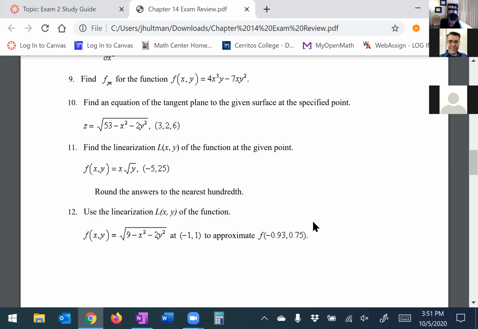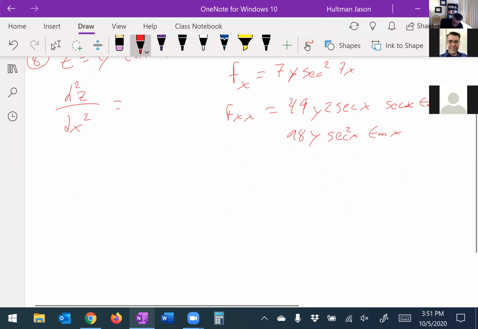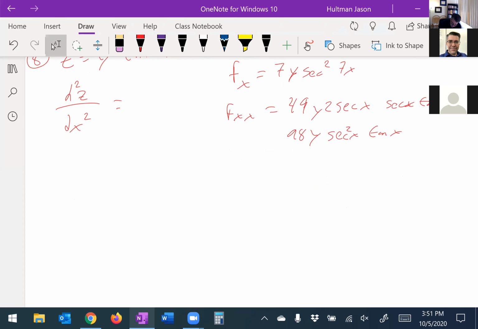So -0.93 and 0.75. Okay, so let's just do the linearization here. So this was number 8, by the way. Okay, so let's go to number 12.